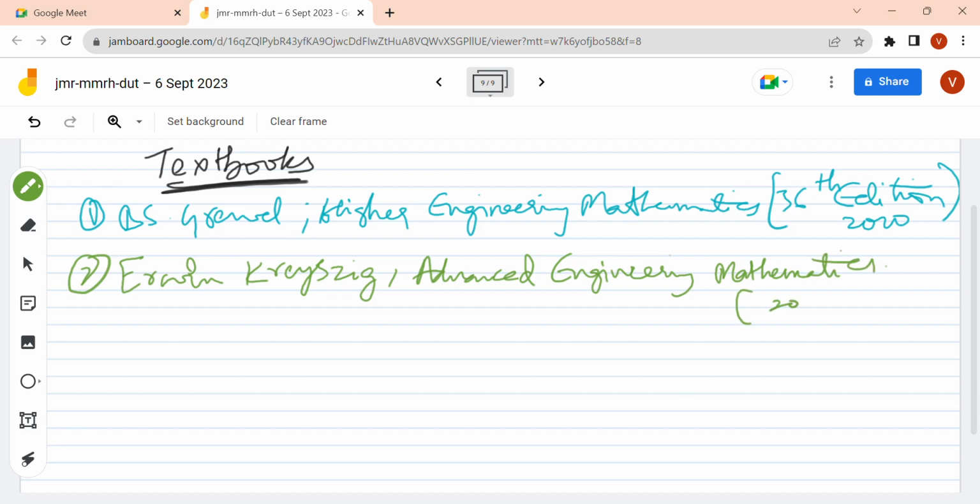Here also you can go for some 2006, like this, some 9th edition onwards. It's fine.